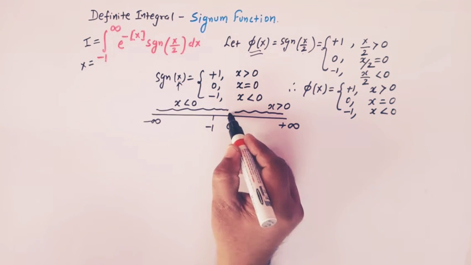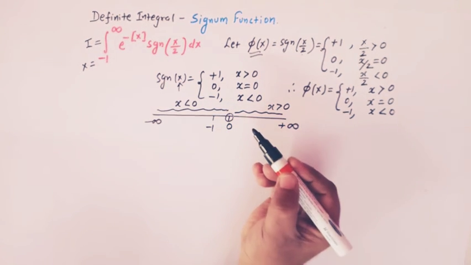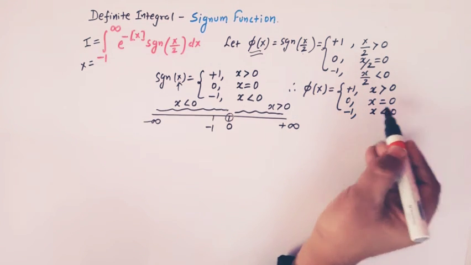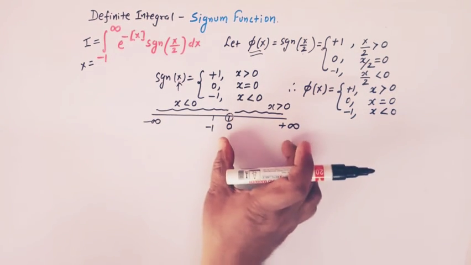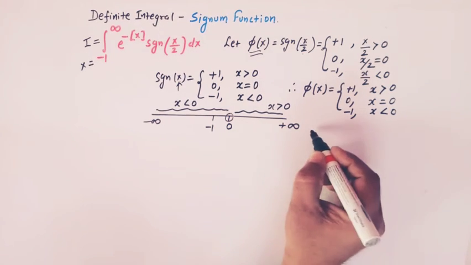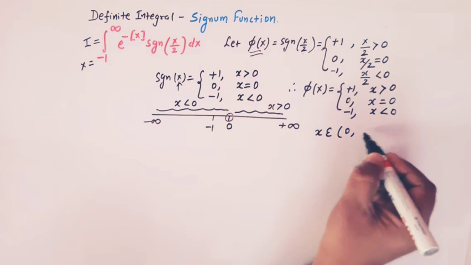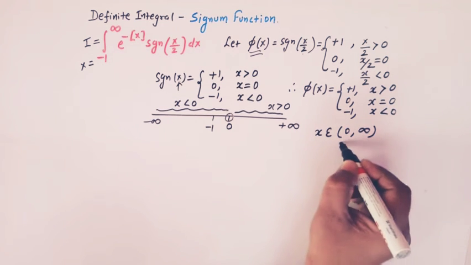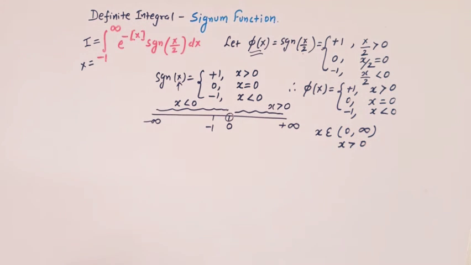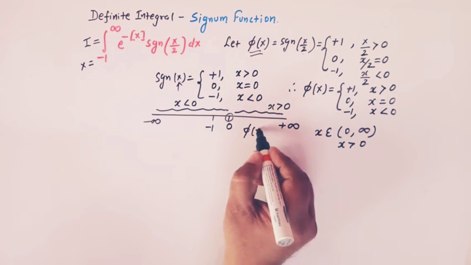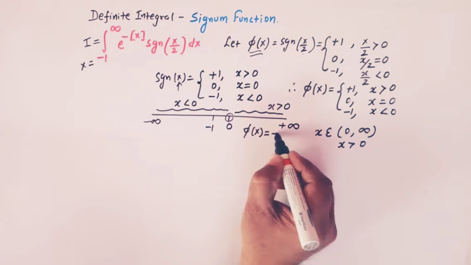Here we have the open circle, because phi of x is equal to 0 only when x is 0, and for all values of x in the interval 0 to infinity we have x greater than 0, so phi of x is equal to plus 1.